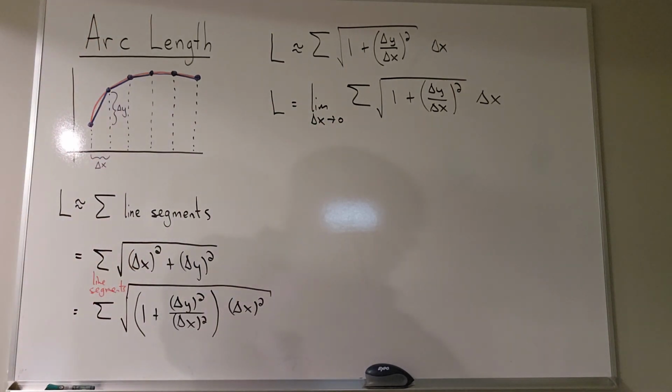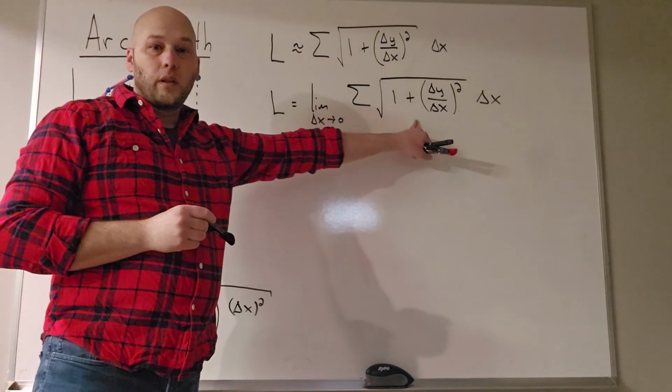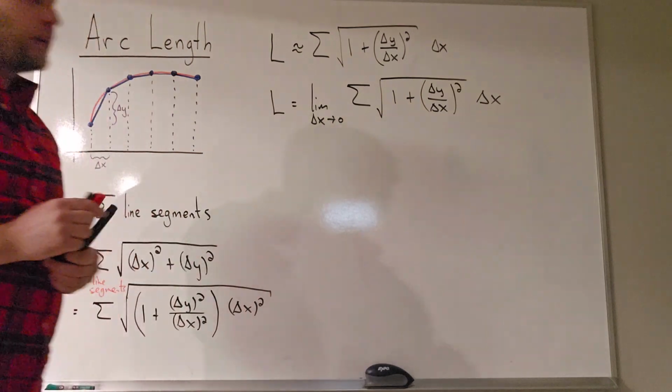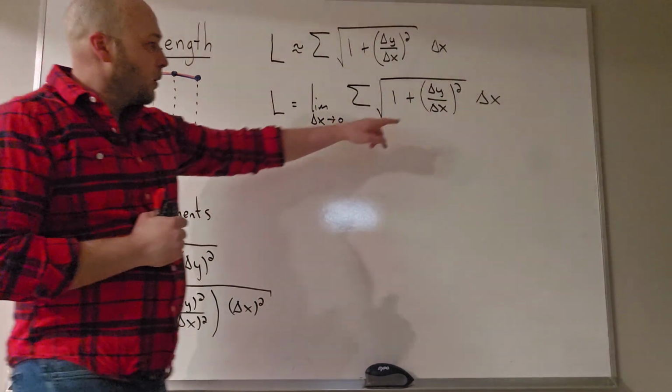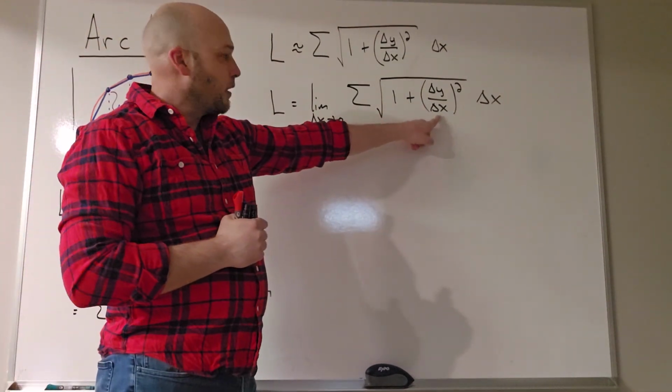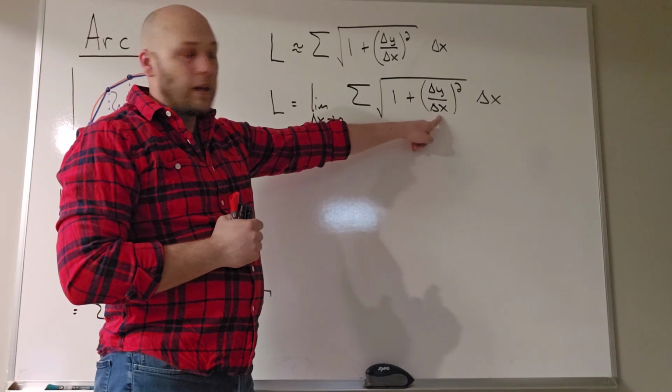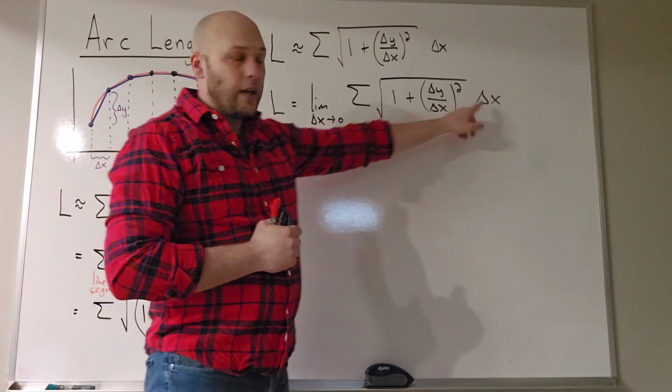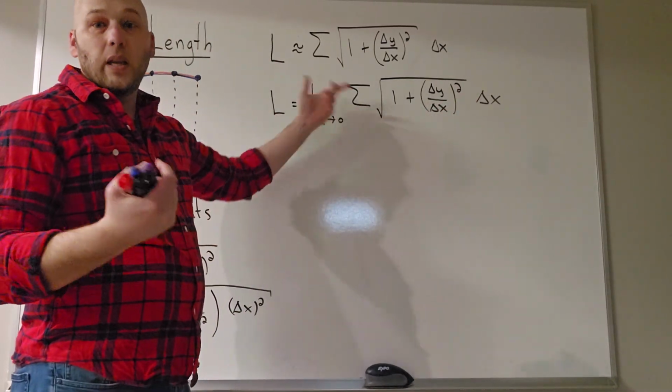So I would take the limit of this right here. Now when I take the limit as delta x goes to 0, inside here that's going to become the derivative, and this becomes a differential, and the sum becomes an integral.